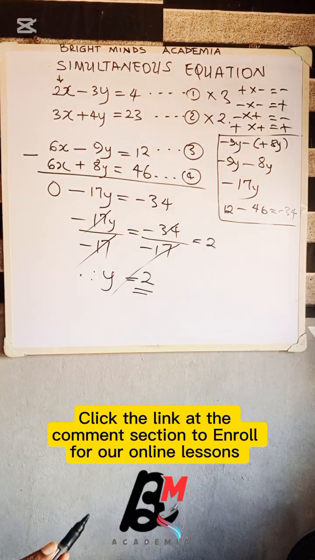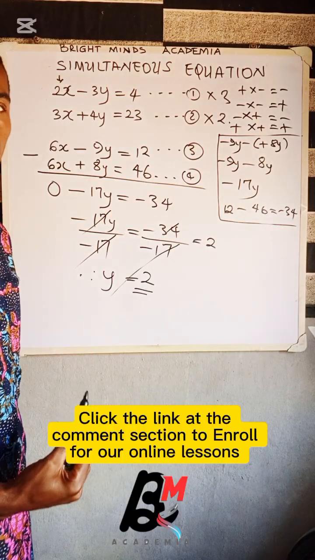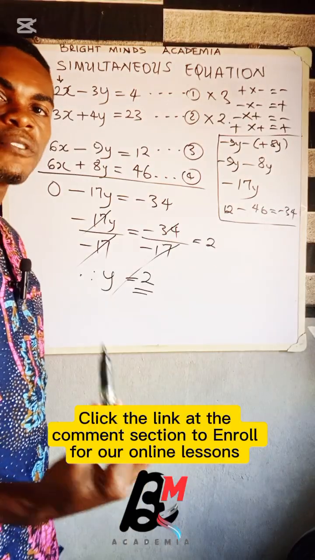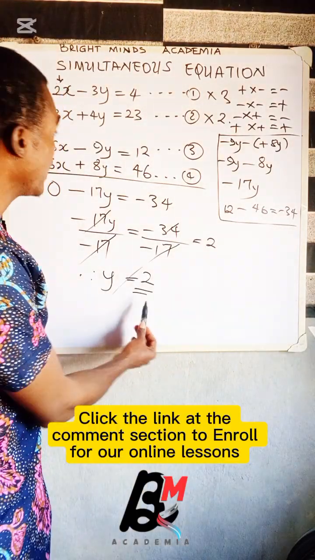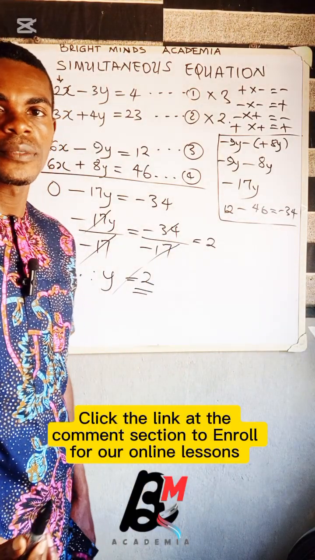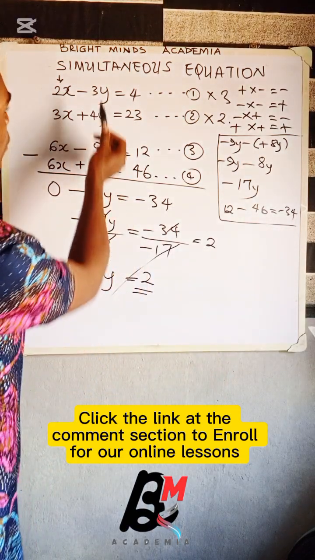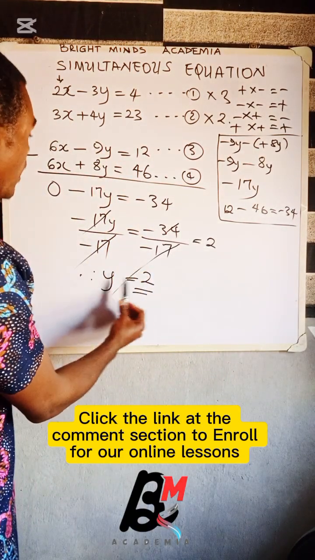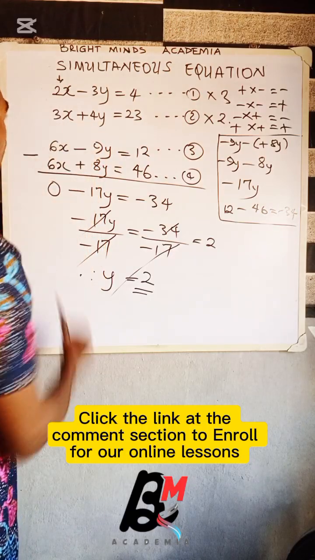Now, this is the value for one of the variables. To solve for the other variable, you would have to substitute the value of y in any of the equations. You can decide to take equation 1 or equation 2, but I've decided to substitute y equal to 2 in equation 1.